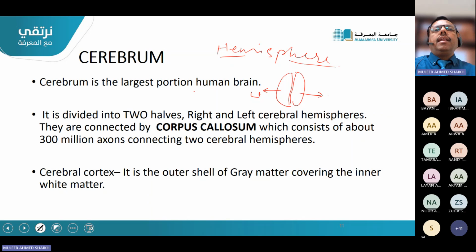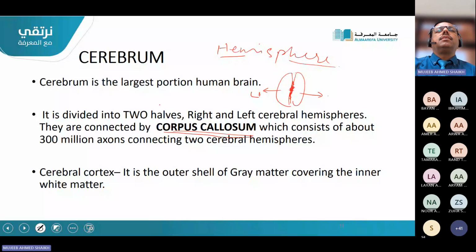But what is there in connection in between? Connecting these two hemispheres is a structure we call the corpus callosum. A mass of tissue is connecting these two halves. We call them the right and left cerebral hemispheres, and in between them a connecting pathway, a bridge, is there.